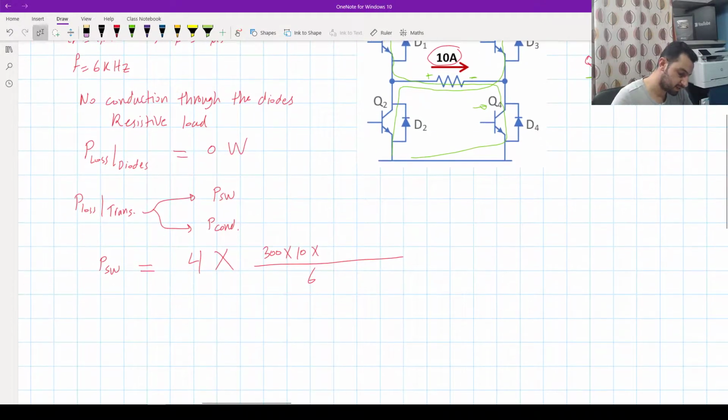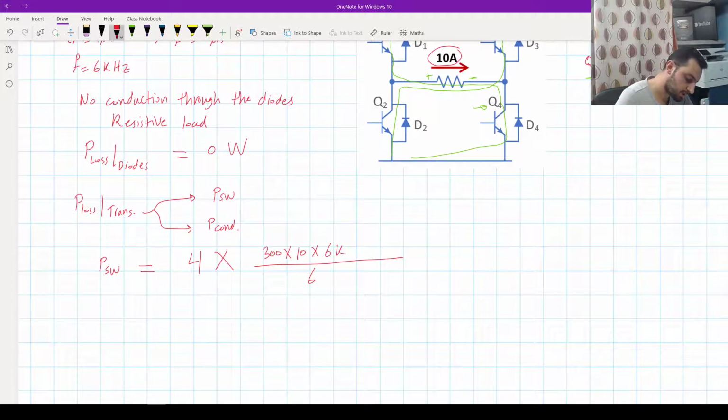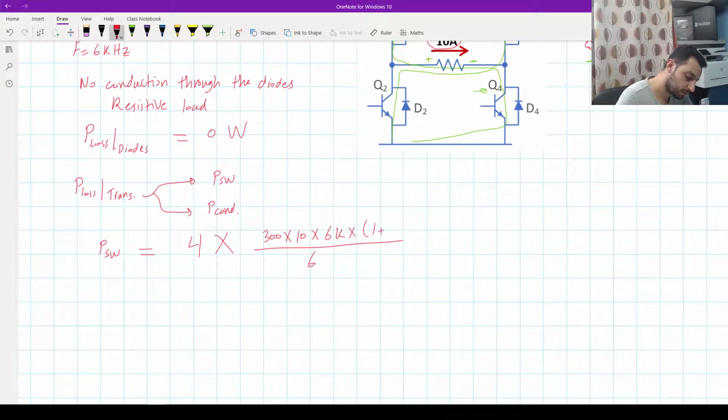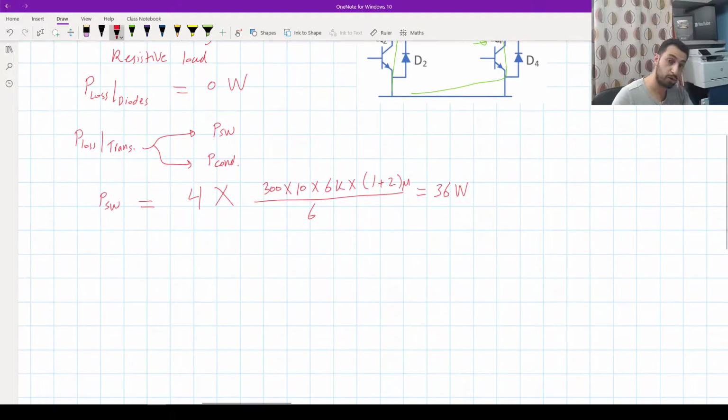The frequency is 6 kilohertz, times the turn on plus turn off time, which are the rise time and fall time, 1 micro and 2 micro. Okay, and that will give us a value of 36 watt. Okay, this is for the 4 switches.